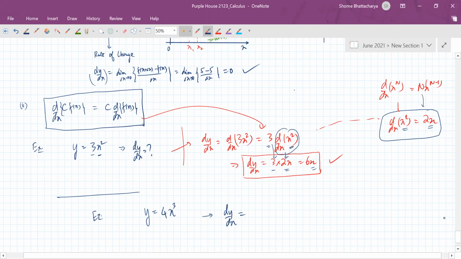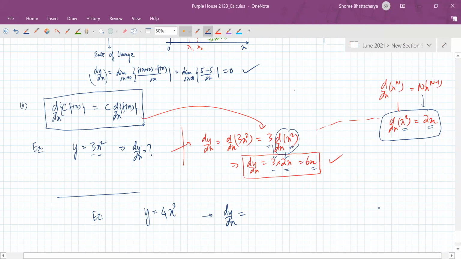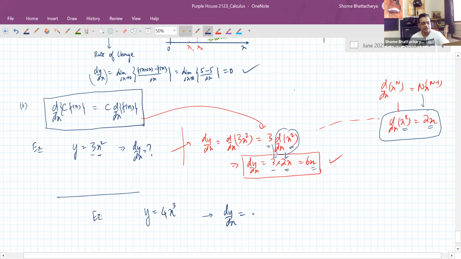8x square. नहीं बेटा, x cube है ना अभी. So what is differentiation of x cube? 3x square. So it will become 4 into 3x square. 12x square. Yes. So we just have to apply this step by step. So dy by dx, I'll replace y as what? I'll replace it as 4x cube. Now the moment I replace it as 4x cube, I can see 4 is a constant. So next step I take 4 outside.